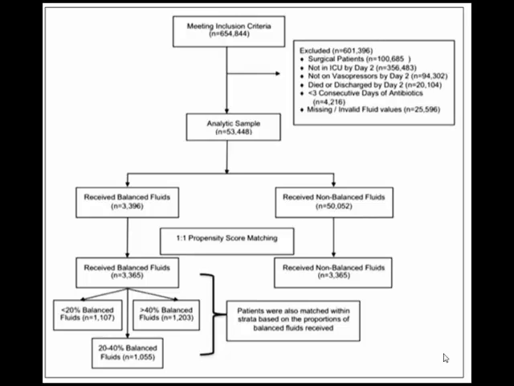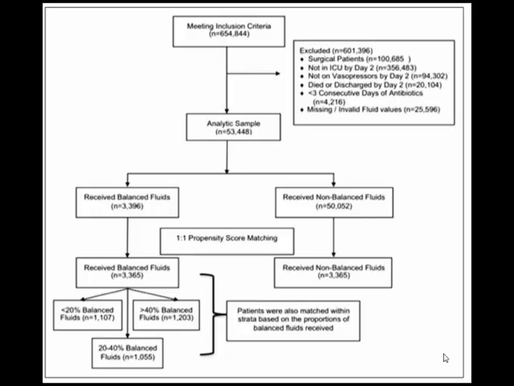So what they did, they did a match between the patients who received the balanced fluid with the ones who didn't receive the balanced fluid. Basically, they matched by characteristics, comorbidities, demographics. So at the end, we have 2 arms, each with 3,365 patients.